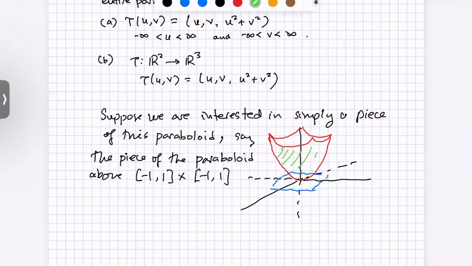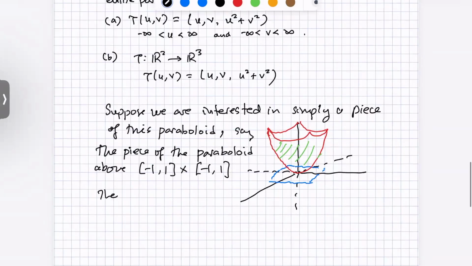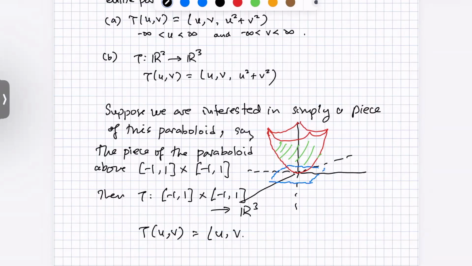And so what if you were interested in parametrizing this set? Then I would write T from -1 to 1 cross -1 to 1 to R3, given by T of u, v, same parametrization, just different domain, u squared plus v squared.